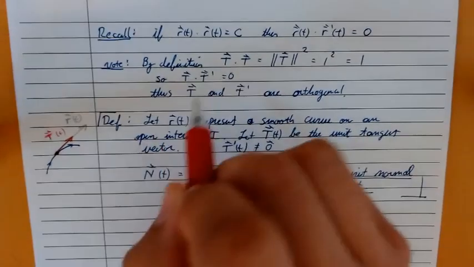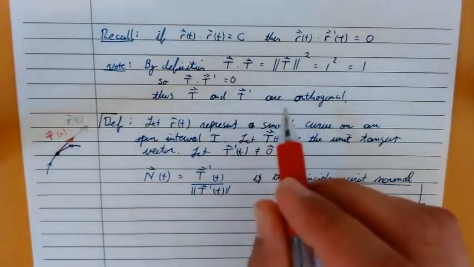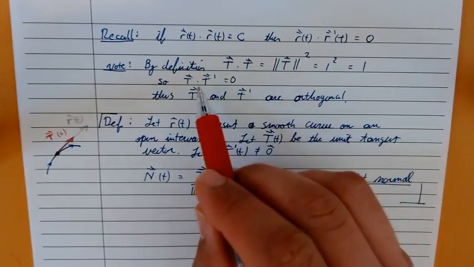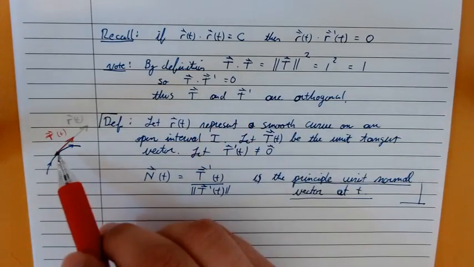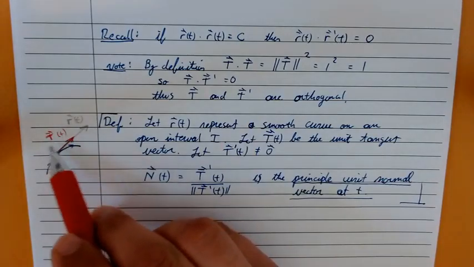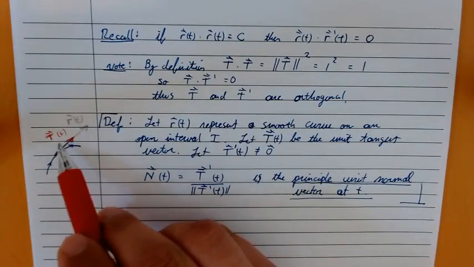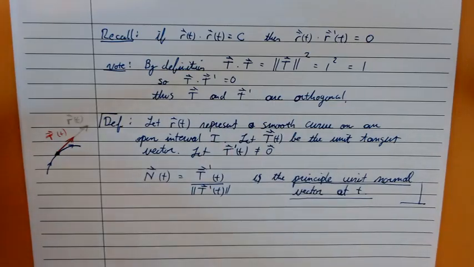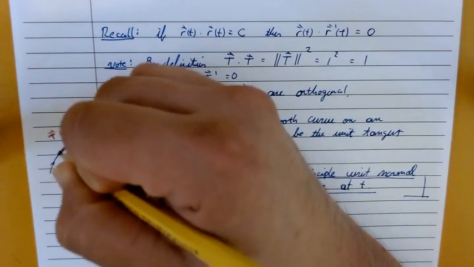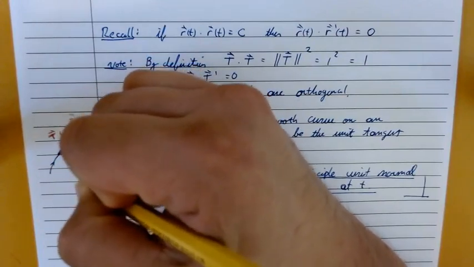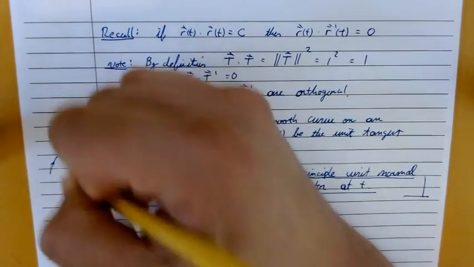But now we find that if you take the dot product of T and its derivative, you get 0. Or in other words, a vector that's orthogonal to the vector T, that's perpendicular, is going to be its own derivative. Okay, so orthogonal to this would be this one here, or this one up here.